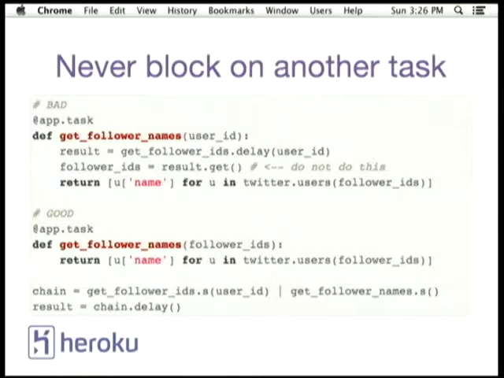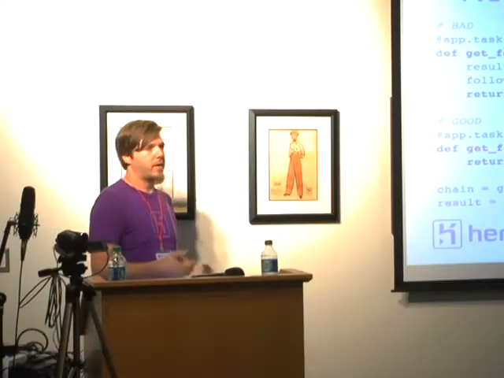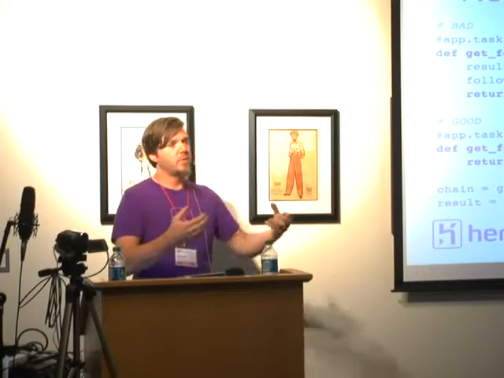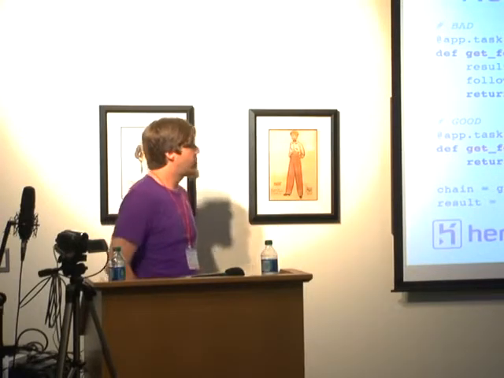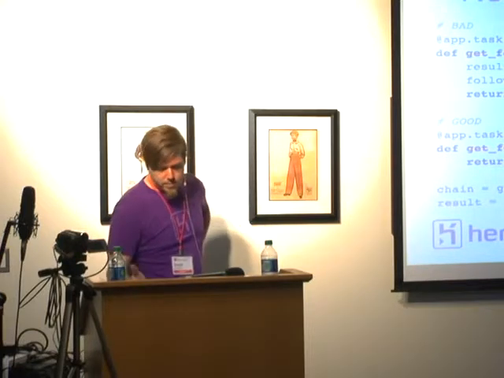And if you have one process waiting on another process to finish and doing nothing, then you are wasting your concurrency. Always find ways to compose tasks together rather than blocking on one task and getting the result in a synchronous manner before moving on with your other task or the other process. That should be fairly obvious.